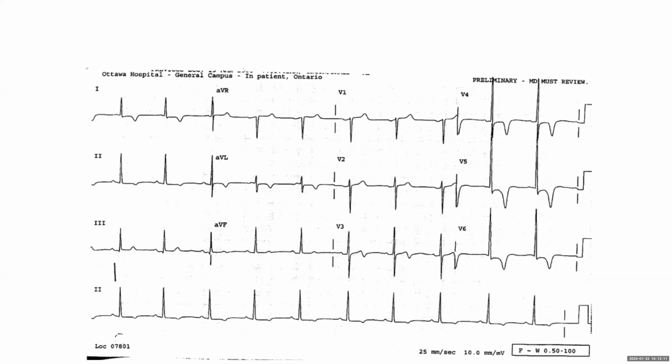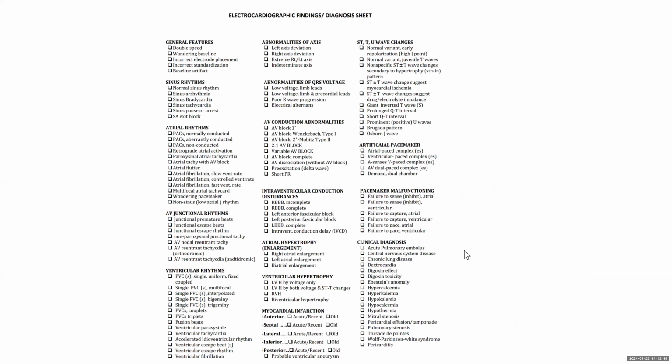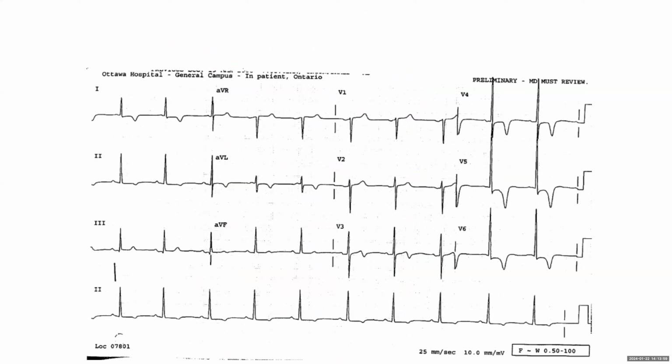Okay, some of you are writing correct diagnoses, but they're not in the code. I'm just going to show you the coding sheet. So you guys said sinus rhythm.